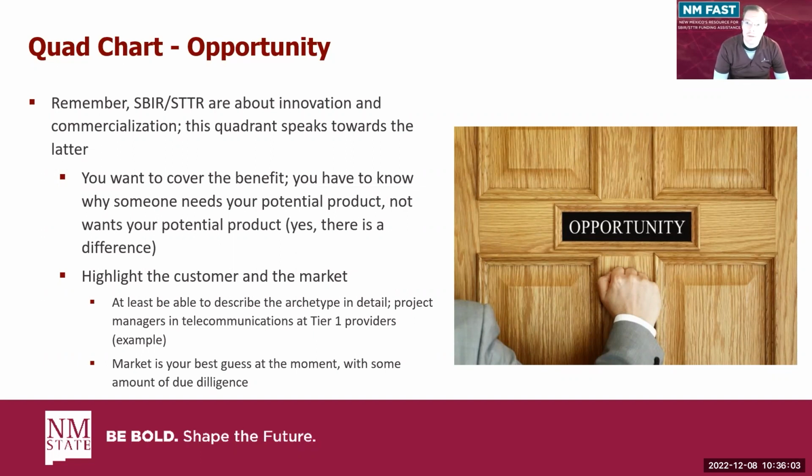Why do they care about this? Why are people going to be beating your door down to buy one as soon as you start producing these? That's the opportunity. There has to be a problem you're solving. There has to be a pain point that you're recognizing and you're saying, I have a solution for that. People need this. Not that people want it. People need this because of this reason.